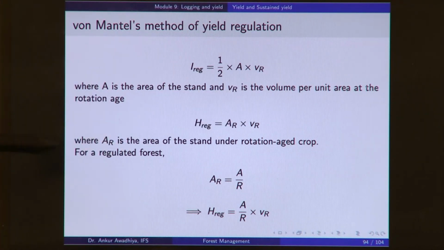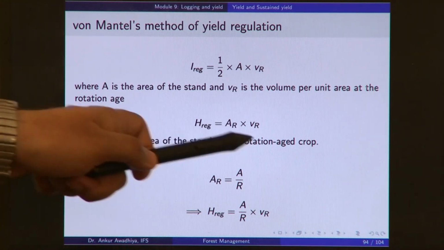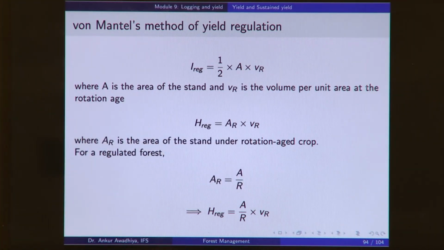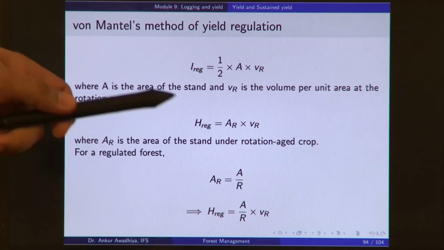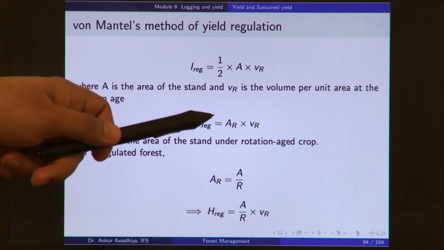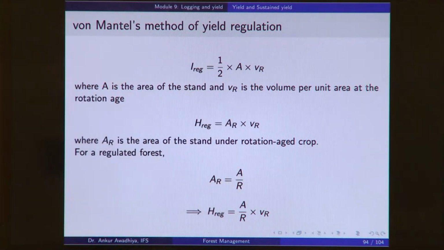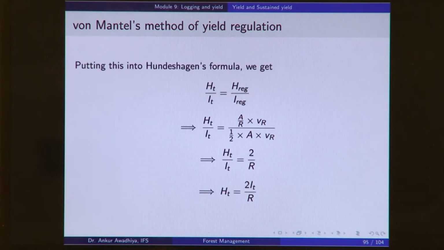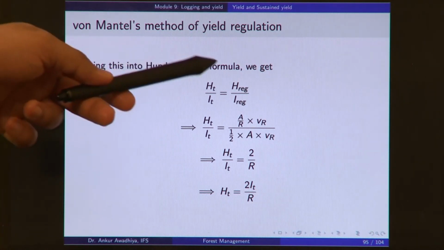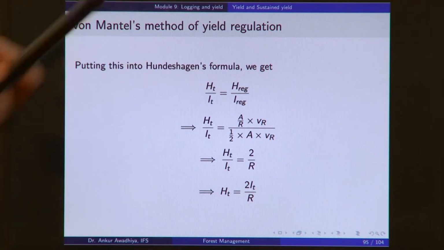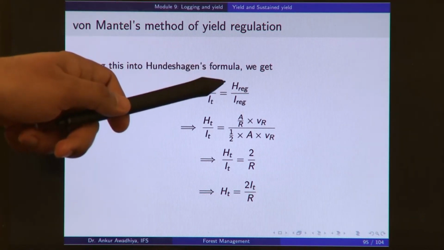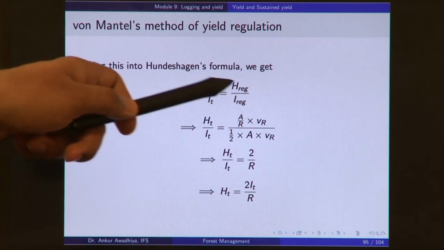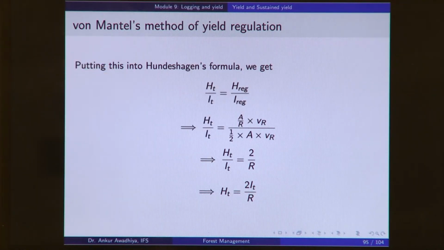Now, for a regulated forest, A_R is equal to capital A divided by R, because we have divided the forest into equal area sections. So, now we can say that H regular is equal to A by R into V_R. Now, putting this into the Hundeshagen formula, we get H_t by I_t, that is, harvesting at time t divided by the inventory at time t, is given by H of an ideal forest divided by I of the ideal forest.